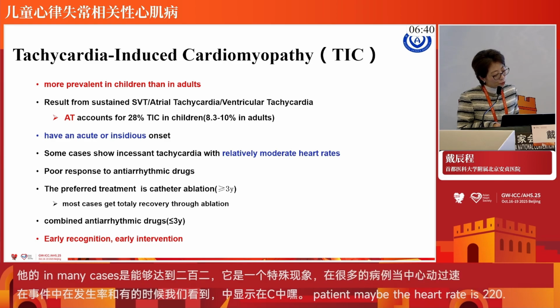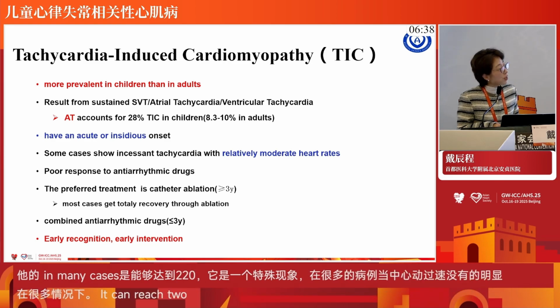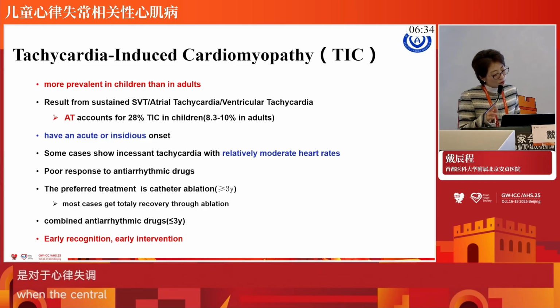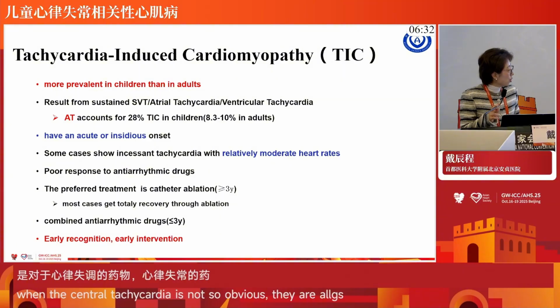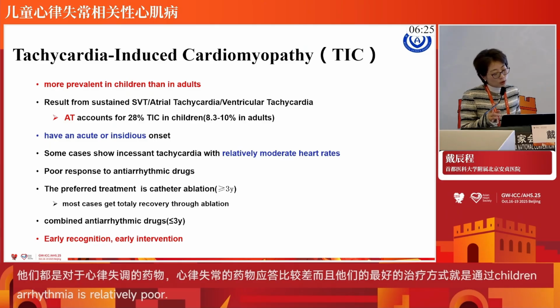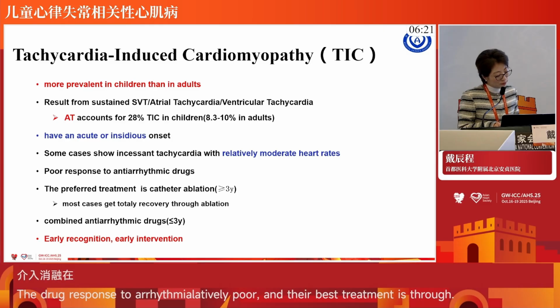The preferred treatment is catheter ablation in children more than 3 years old, and most cases can totally recover through ablation. In children less than 3 years old, combined antiarrhythmic drugs are recommended.